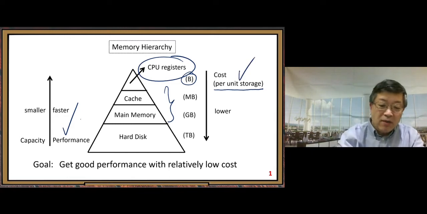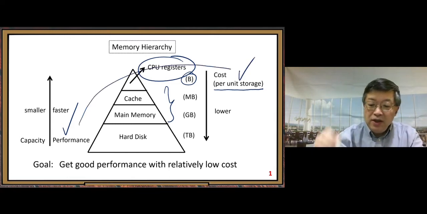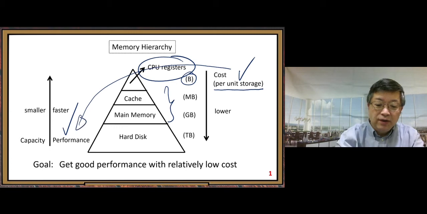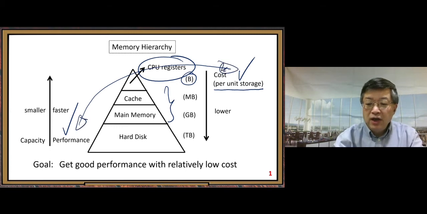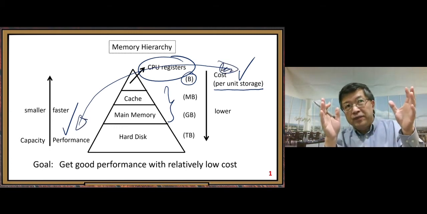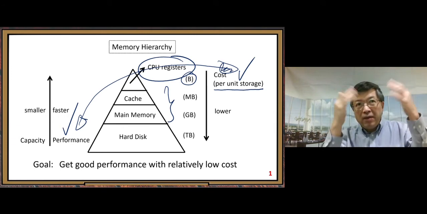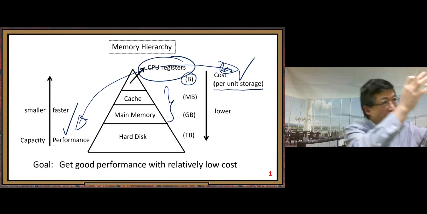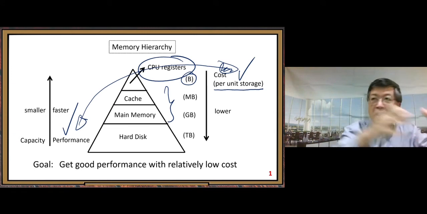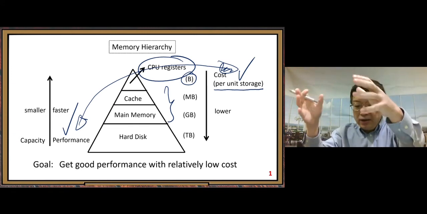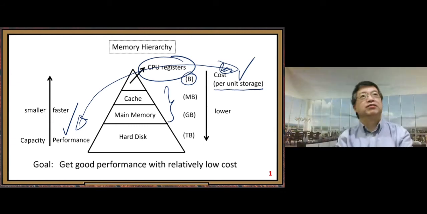We want to combine these two factors and get a good combination that provides both good performance and relatively low cost. We don't need the lowest cost; it could be higher than the lowest cost.